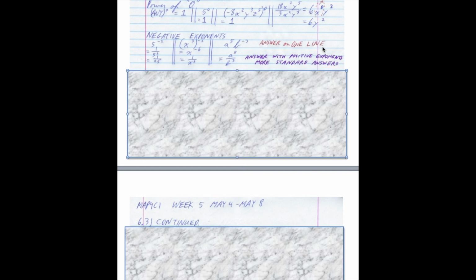This is a more standard look. So what happens to this answer? Well, the final answer now looks like a to the fifth divided by b to the positive 3. And that's the point of leaving the answers with positive exponents. This is the more standard look. But effectively, the two of them equal each other.